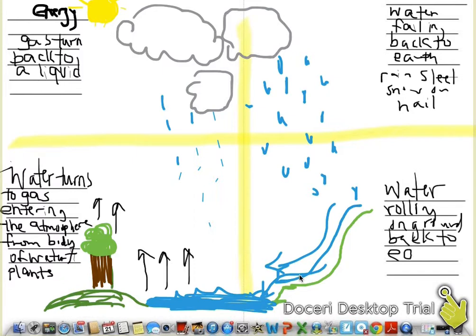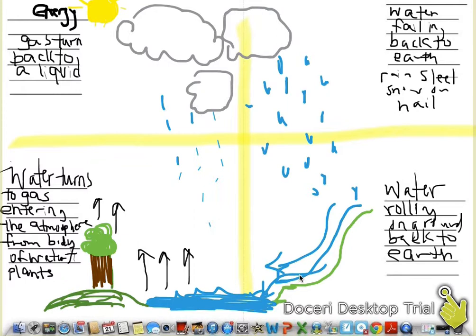I'm just going to put water rolling on ground back to earth, because it doesn't always go back to a body of water.